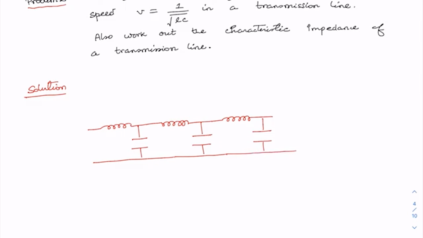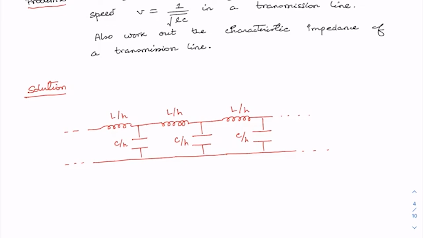Okay, this is a lossless transmission line, and this is, say, inductance L per unit length, let me take it to be L by H, and this is L by H, and this is capacitance per unit length, this is C by H, capital C by H, capital C by H, L by H, and so on.